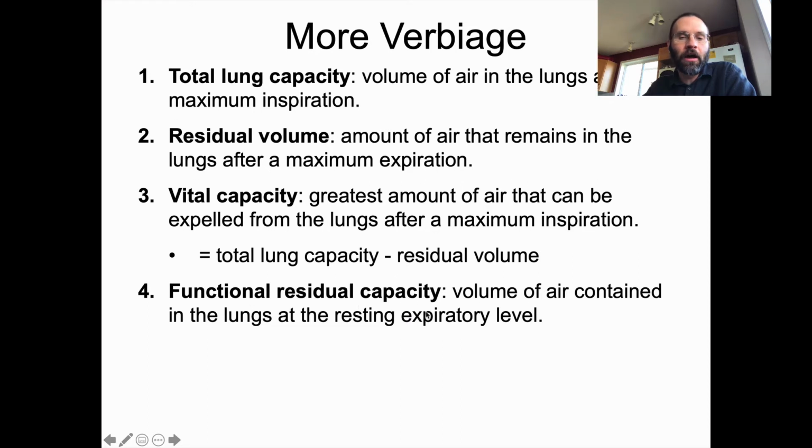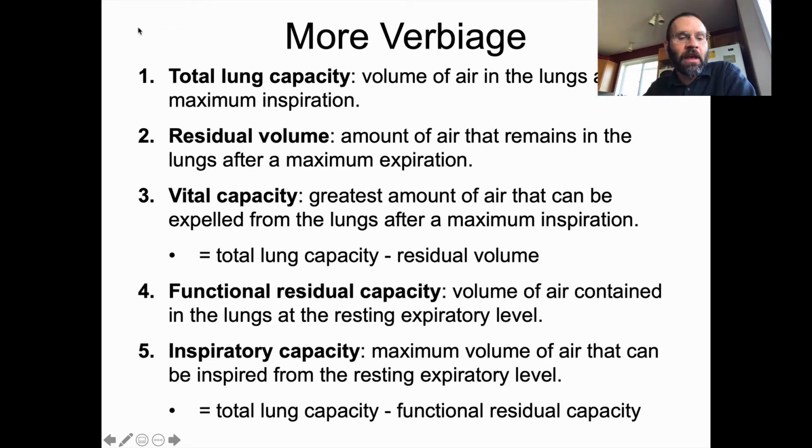Another useful volume concept is the functional residual capacity, which is the volume of air contained in your lungs at the resting expiratory level. So when you're at equilibrium, that's how much volume you have in your lungs. And you can also define the inspiratory capacity based on this concept. The inspiratory capacity is the maximum volume of air that can be inspired from the resting expiratory level.